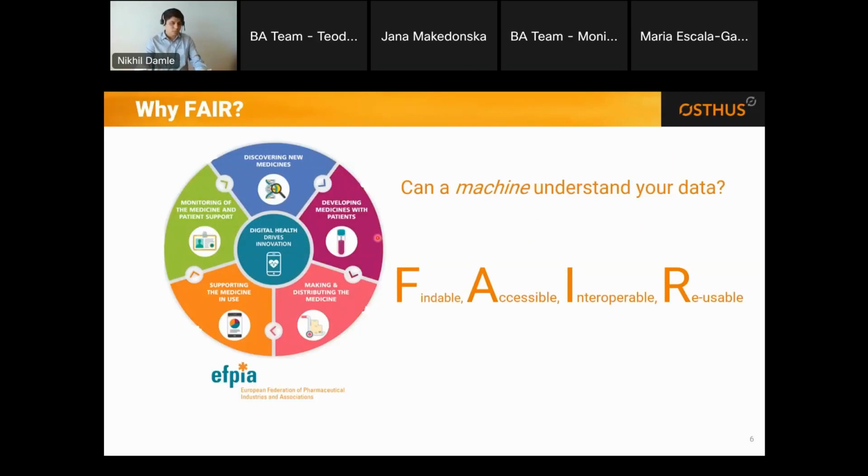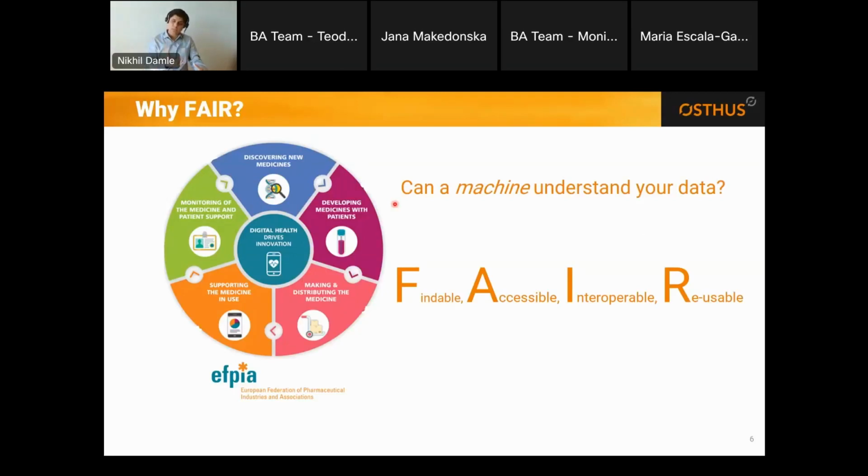To give you an example, technologies like machine learning and artificial intelligence are driving innovations in the complete life cycle of a medicine, right from its discovery to preclinical and clinical studies, all the way up to their impact on patients' health.